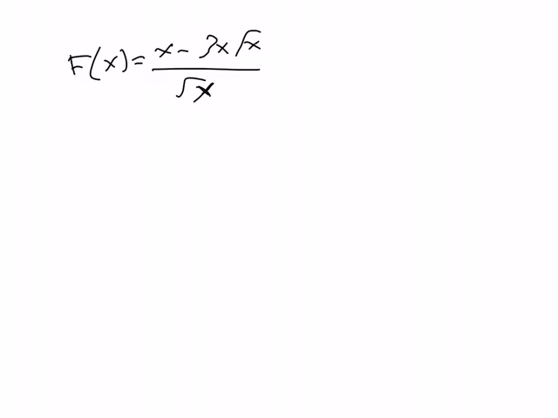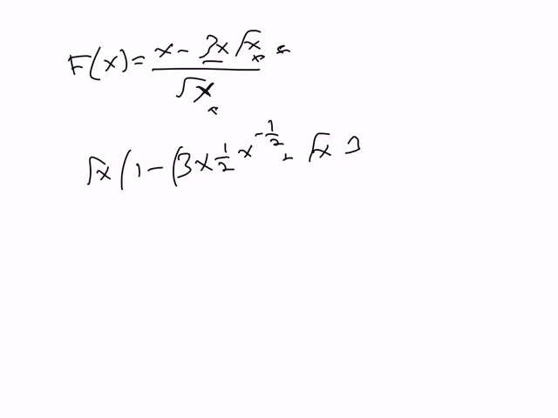So first, quotient rule. We take the square root of x times the derivative on top, which gives us 1 minus, and over here we're using the product rule, so it gives us 1 minus 3x times a half x to the negative a half, plus the square root of x times the derivative of this, which is just 3, and that closes that.